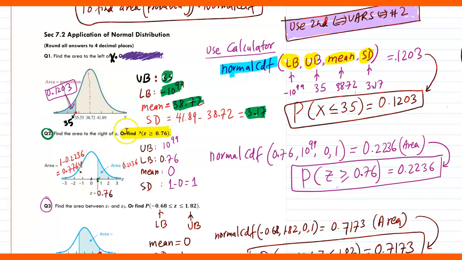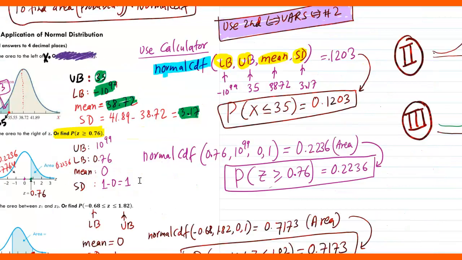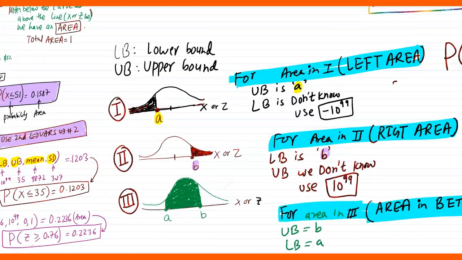Okay, and find the area to the right of z is the same as saying find the probability of z greater than or equal to 0.76. Notice that this point is z equals 0.76. Looking for the area to the right, the right of 0.76. Thinking about the right area, let's go back to the second graph.